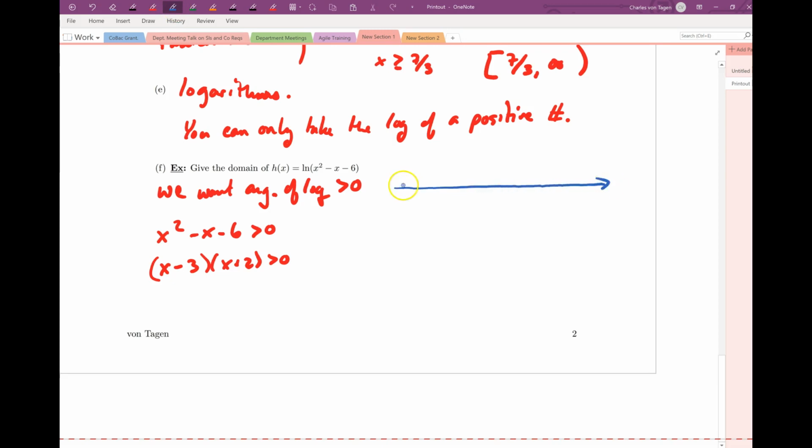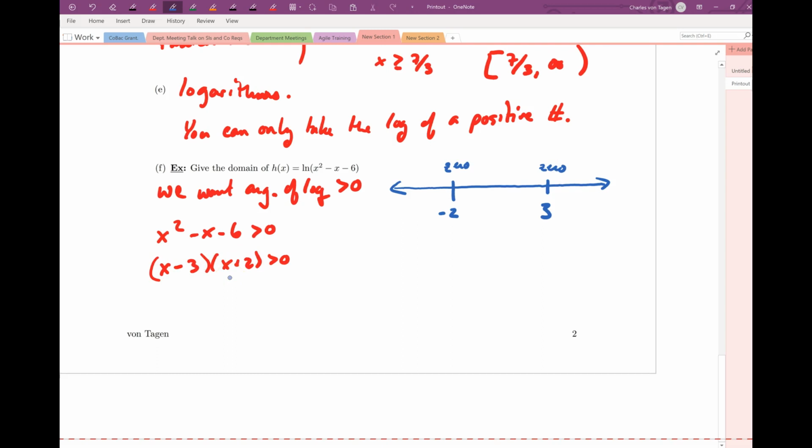So I'm going to go ahead and make a number line. And on the number line, I'm going to put anywhere where this inequality comes out to be 0. Well, this inequality comes out to be 0 at x equals negative 2 and again at x equals 3. So these were the zeros of the inequality. Okay.